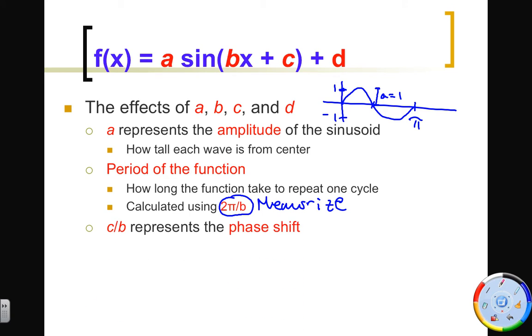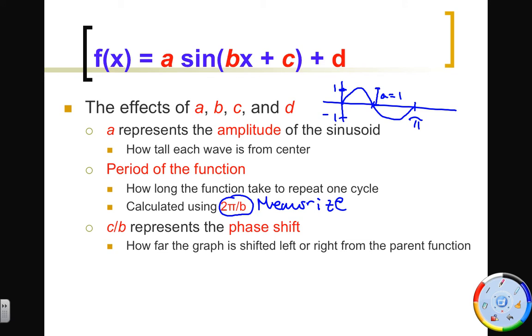Now, C over B represents what we call the phase shift, and that's just left and right. Phase shift is just left and right, so it's how far the graph is shifted left or right from the parent function. And that's really not that hard when it comes down to it, because really we just look at the very first point, this point 0, 0, and we move that left or right, and then we just calculate everything from this point.